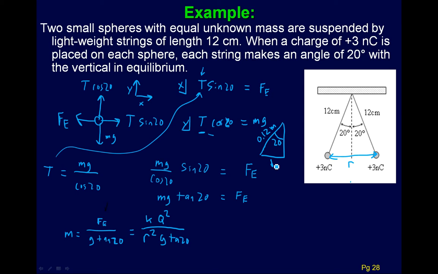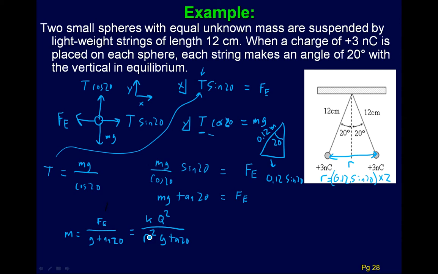And so this side over here would turn out to be 0.12 times sine of 20. And that's just one side of it. Again, we're just using the trigonometry here, and so our total r is going to be 0.12 sine 20, that whole thing times 2.